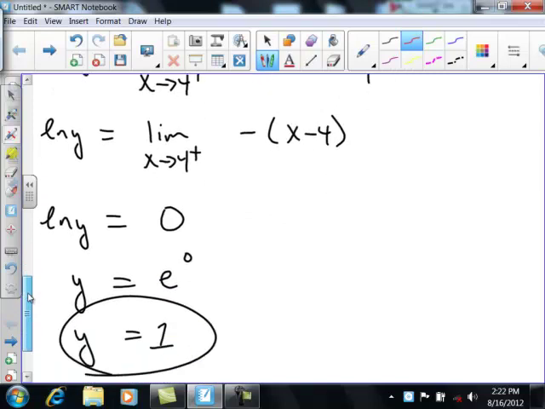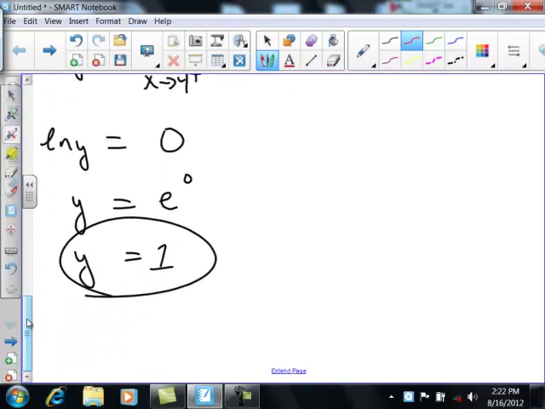But I wasn't done because I had to solve for the actual problem that I began with, which is what I called y, and so I end up with my final answer there of 1. So I hope that illustrates some techniques you have to use sometimes with natural logs when you're doing L'Hopital's rule, and the fact that you have to make sure you get it to a certain form before you apply L'Hopital's rule. Otherwise, you're going to make mistakes all over the place doing limits with L'Hopital.